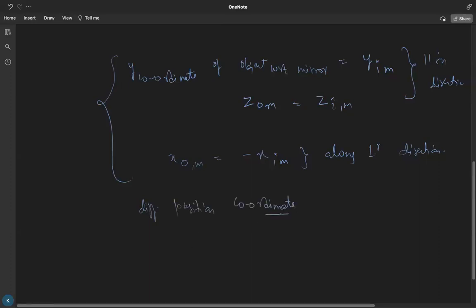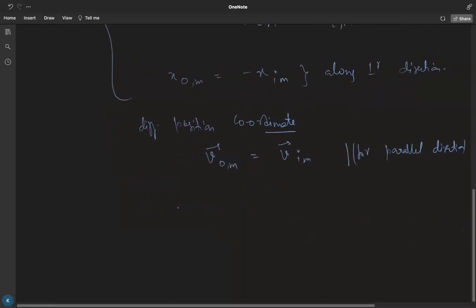Okay, so when you differentiate the position coordinate, what do you get? You get the velocity of the object with respect to the mirror, which is equal to the velocity of the image with respect to the mirror for the parallel direction. Now, we all know from kinematics that the velocity of A with respect to B is equal to the velocity of A with respect to ground minus the velocity of B with respect to ground.